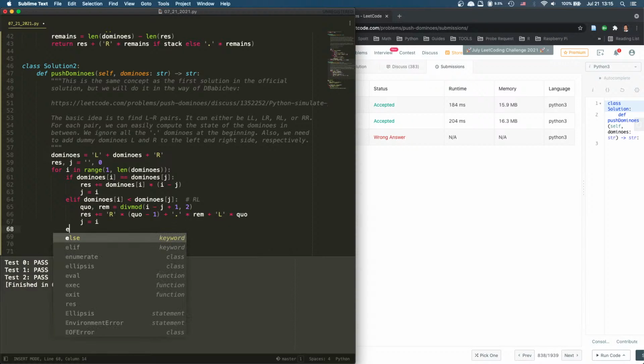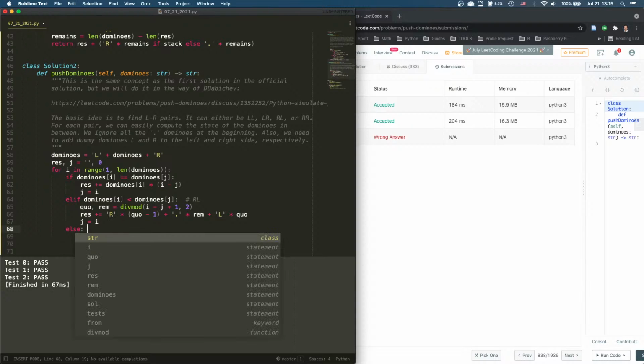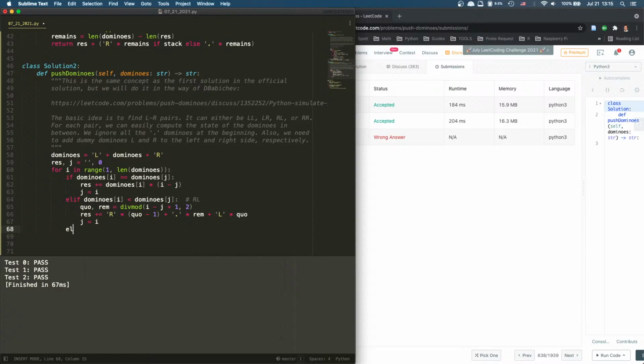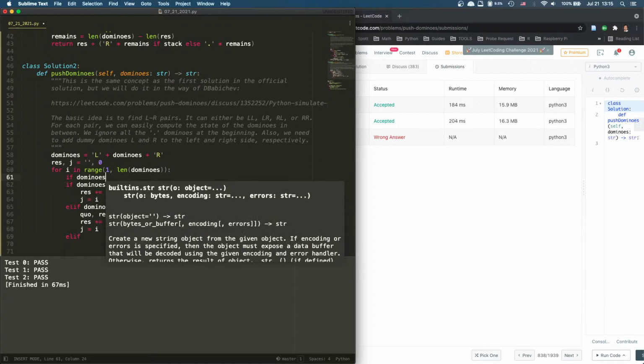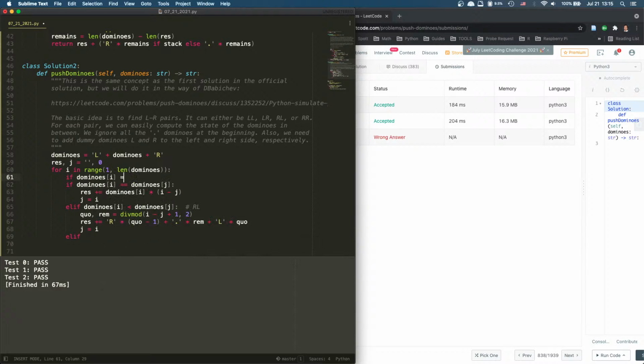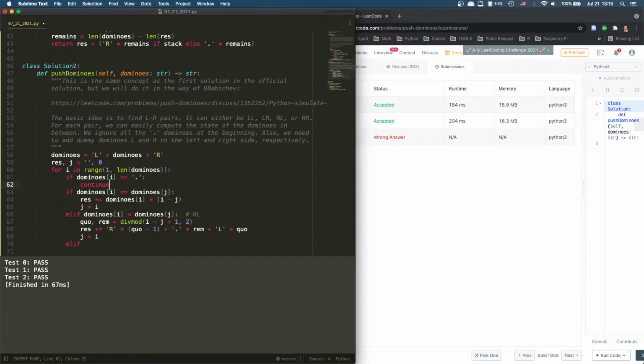And else, in this case, we have to escape. If dominoes I is equal to dot, then we continue. Make sure we don't do that. And then we can call else.